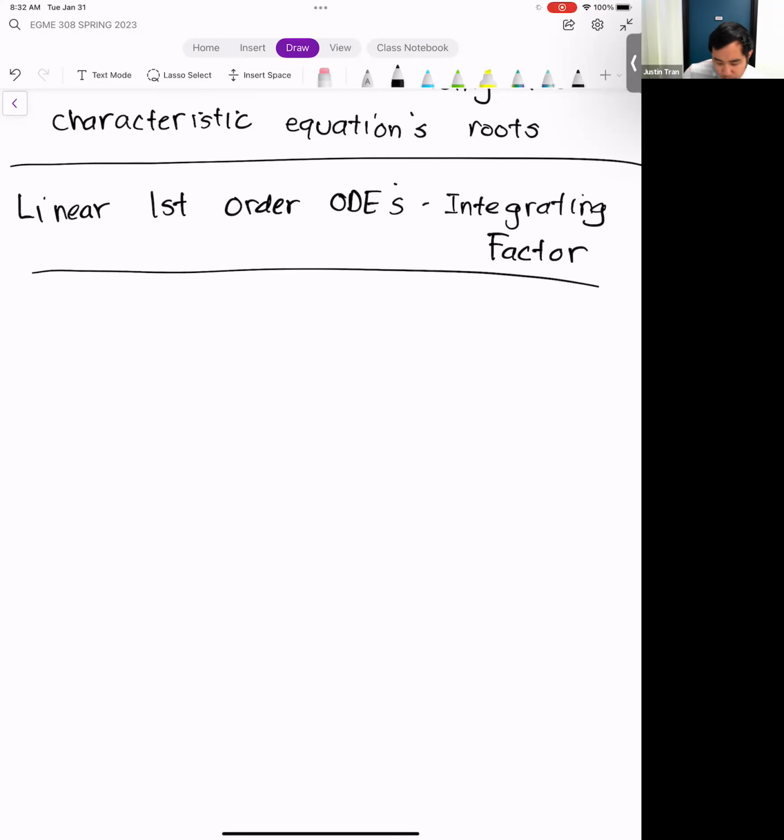All right, so let's refresh our memory about what a linear first order ODE looks like. So a linear first order ODE takes the following form. So we have y prime plus p(x) y is equal to the following.